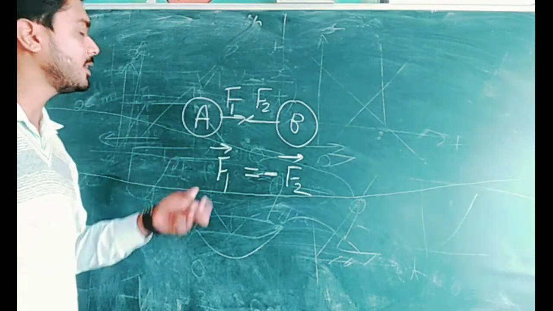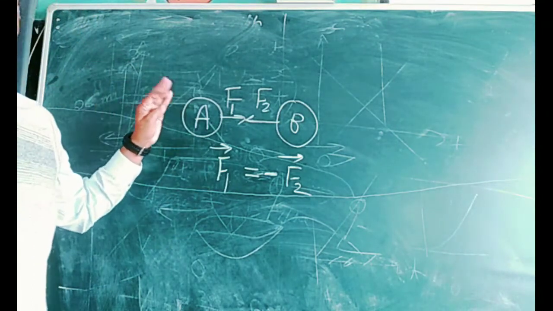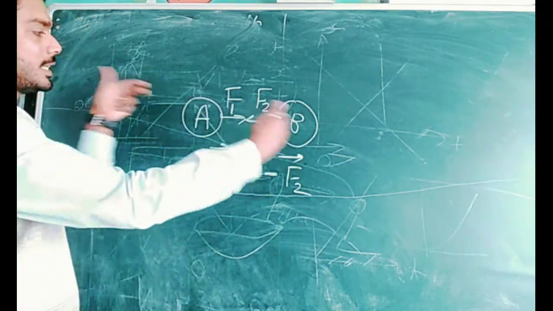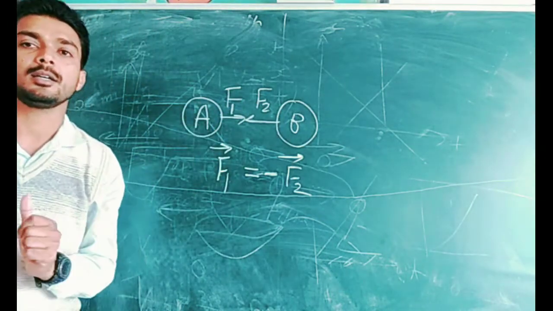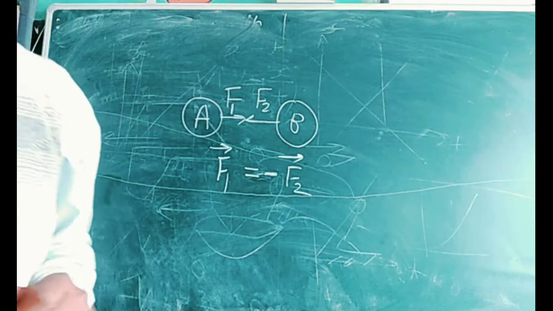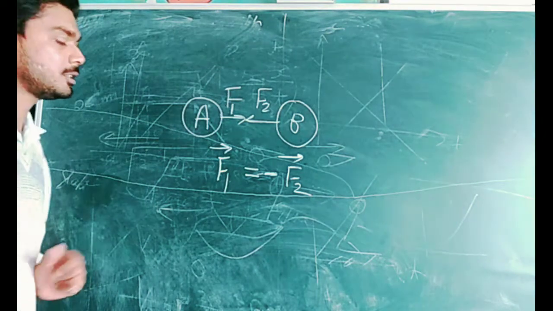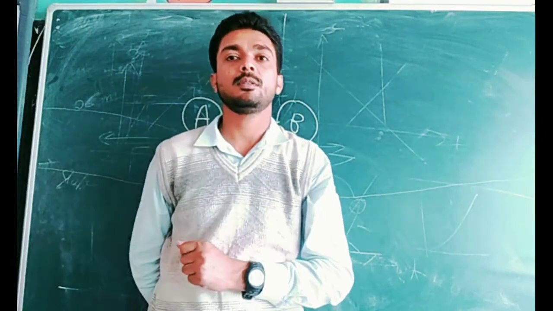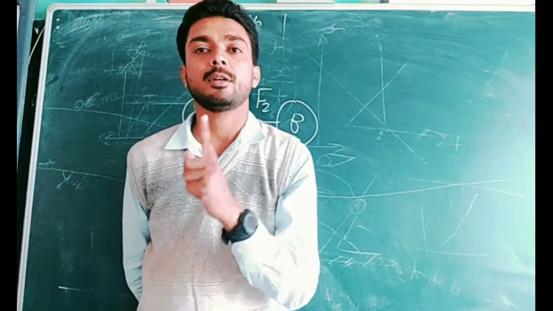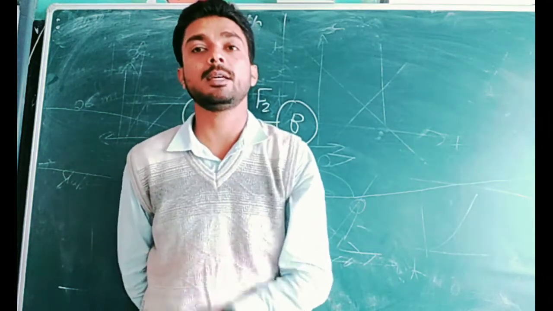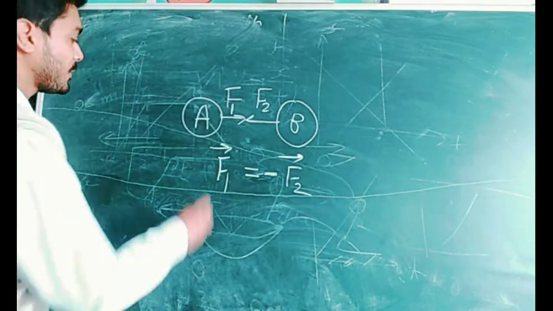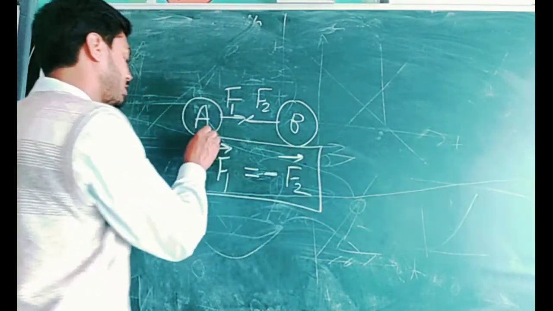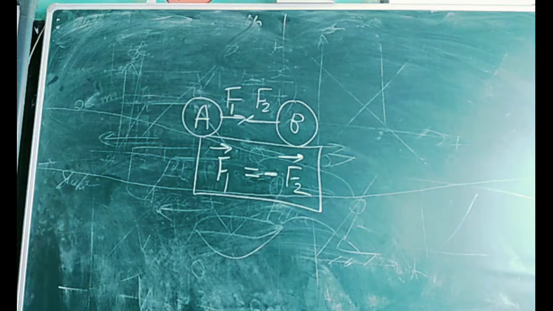It states that the two forces are equal and opposite in direction. Action is equal and opposite to the reaction. Then students, remember the third law states that forces always exist in pairs, and for every action there is an equal and opposite reaction. This is our third law, and using our third law and second law, we will discuss one more new topic.